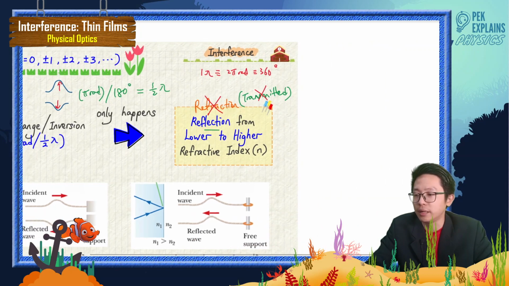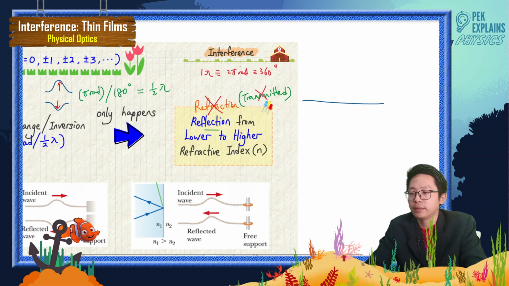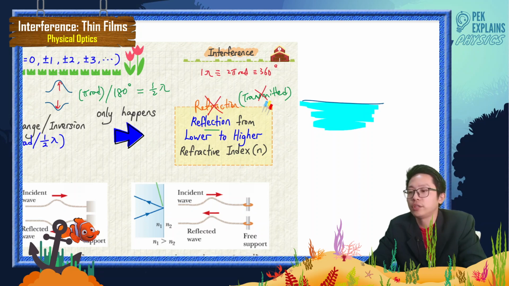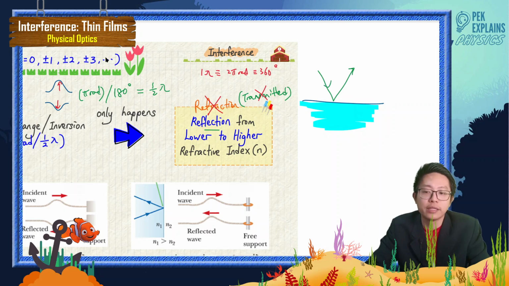That means what I can say is like that. Transmitted light. This is another medium, maybe I put some blue color. So this is another medium. Phase change happens when, because the incident light, 50% of light is reflected, normally 50%.